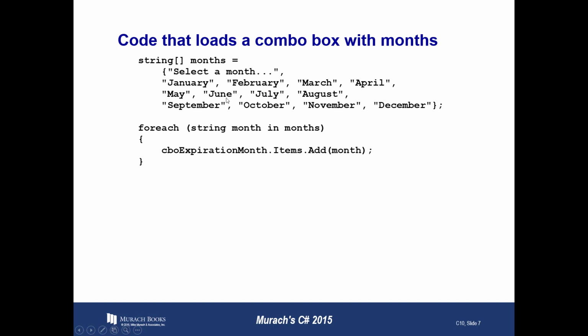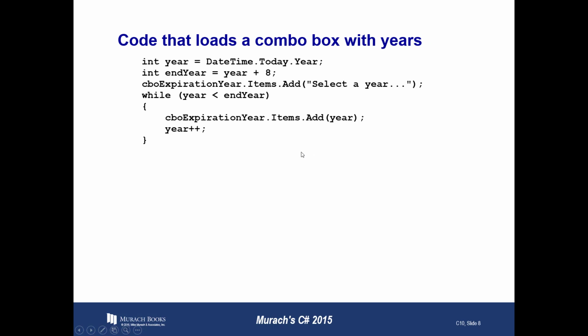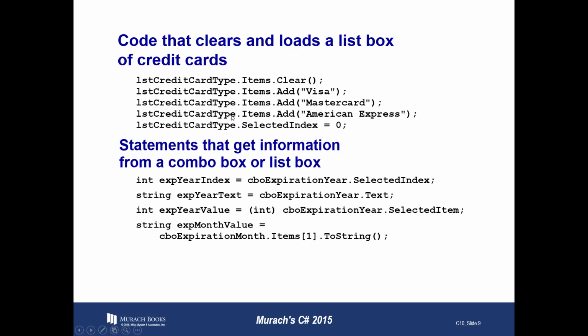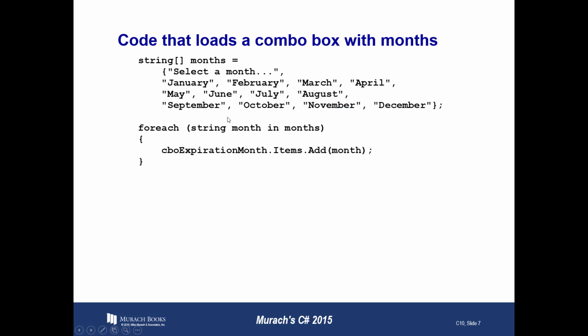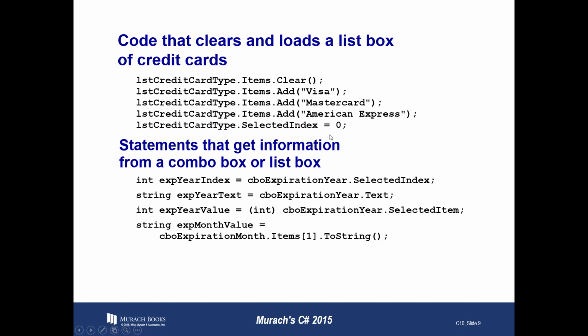So the author created a string array here, and then basically filled the combo box using the items add method, did a similar thing with the years, and also did a similar thing with a list box.